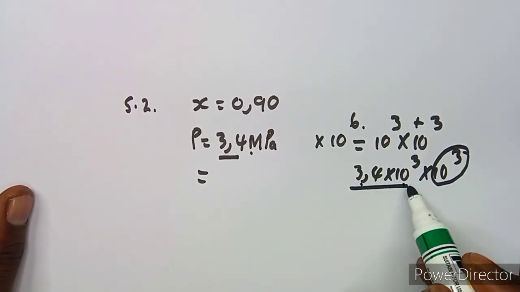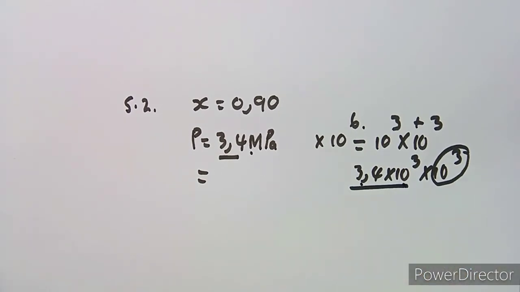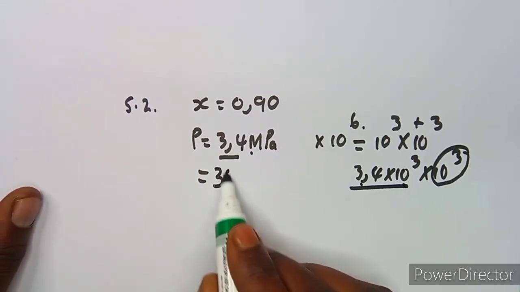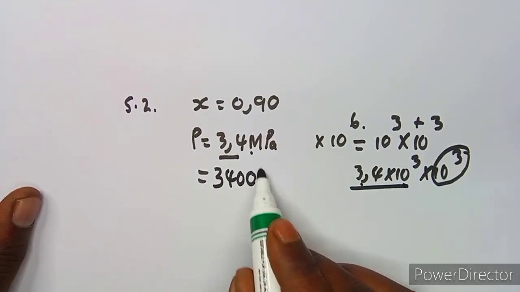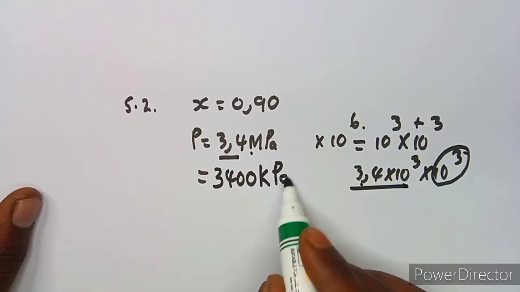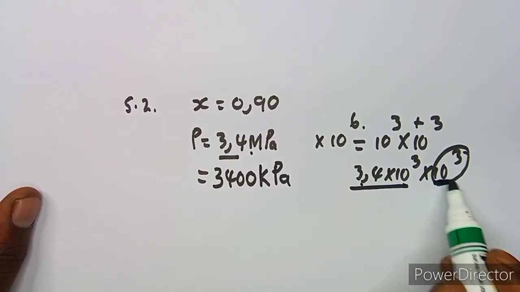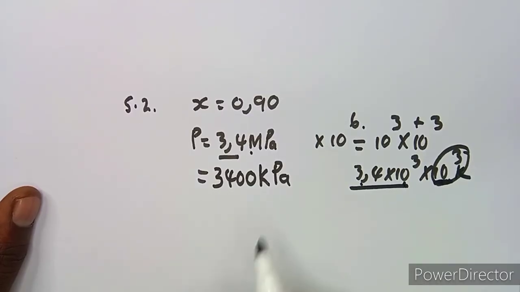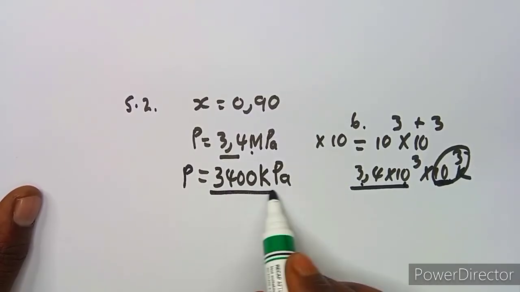So 3.4 times 10 to the power of 4 gives us 3,400. So you're going to have 3,400 kilopascals. Remember, we are left with another 10 to the power 3 for kilo. Your pressure is supposed to be in kilopascals.